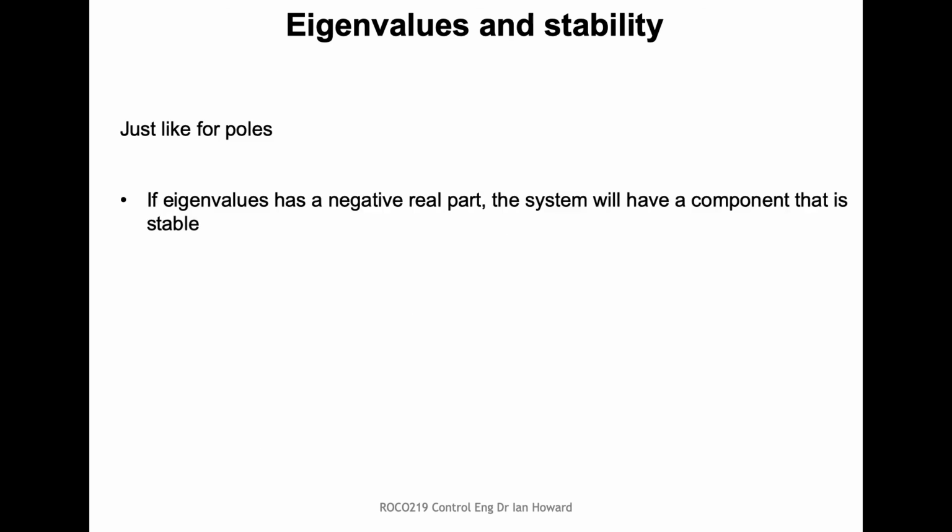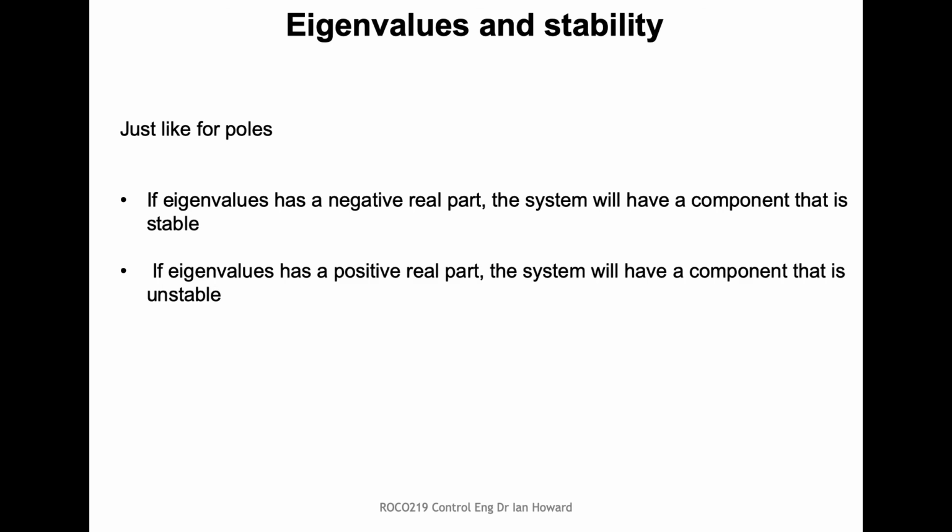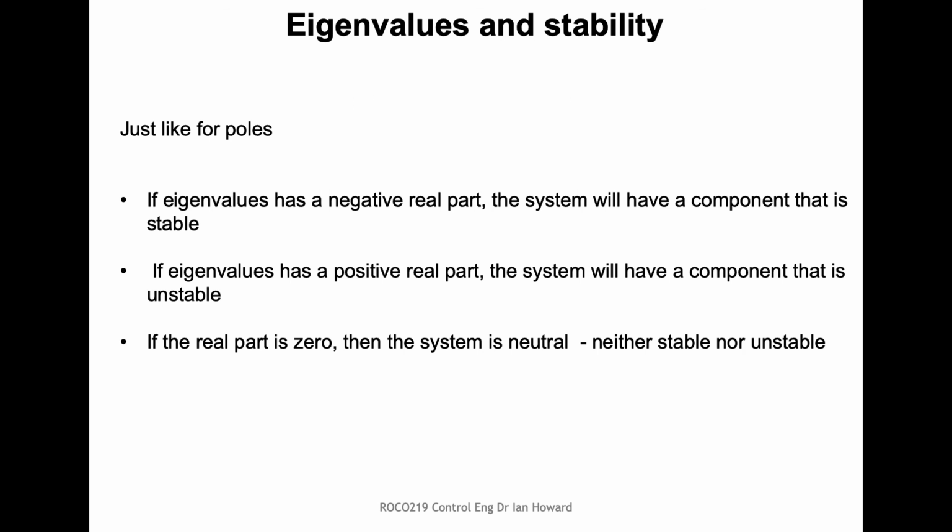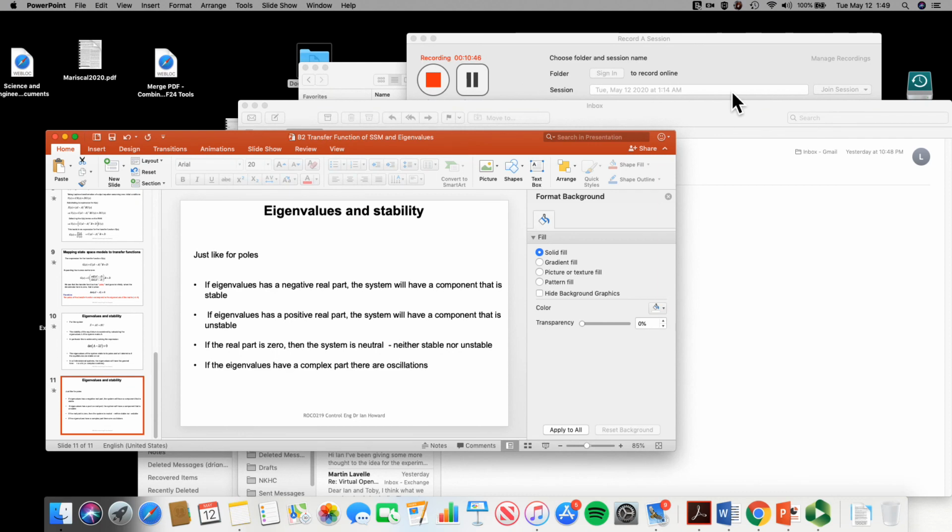Just like poles, if eigenvalues have a negative real part, the system will be stable. If they have a positive real part, the system will be unstable. If the real part is 0 and they're lined up on the imaginary axis, it's neither stable nor unstable, it's going to be marginally stable. And if we've got a complex part in there as well, there's going to be oscillations. So it's exactly the same as we thought before when we were considering poles, which is a nice result.